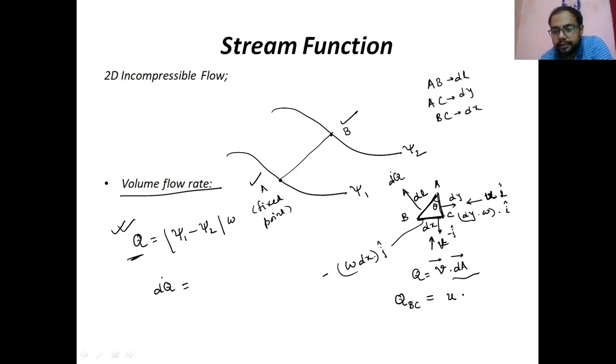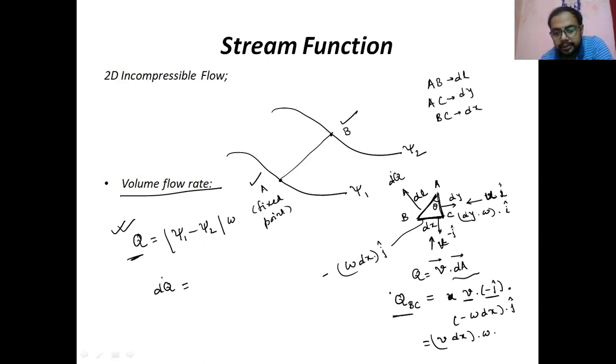The velocity about BC is V into J, where V is the magnitude and the direction is minus J. The dot product with the area, where area is minus W dx into J, gives QBC. The minus times minus becomes plus, so it comes as V dx into W. That is QBC.